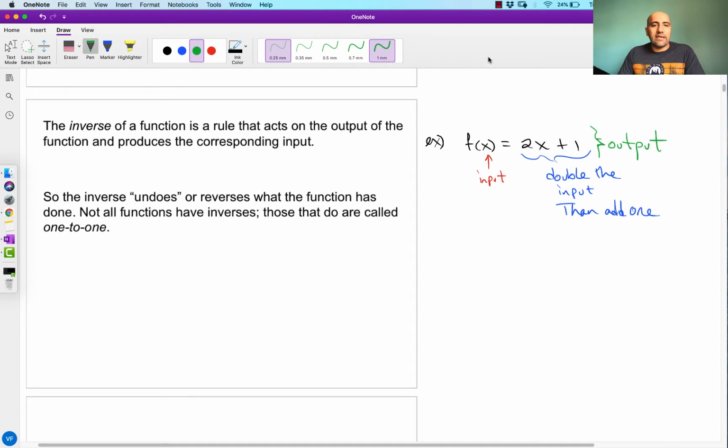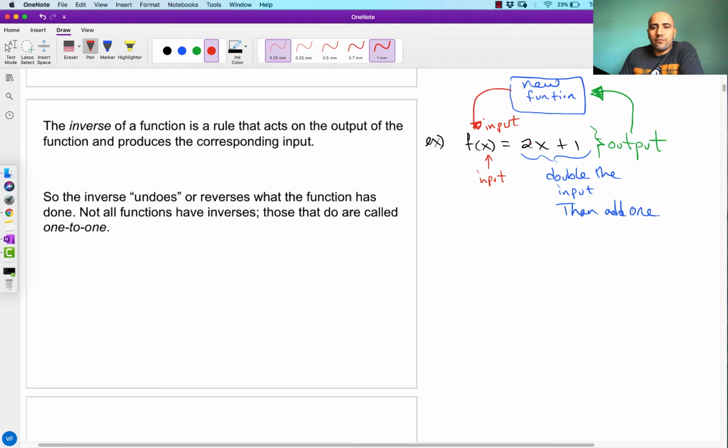We want to take this output and plug it into some new function, such that when you input this, it'll bring you right back to where you started, to give you the same input.